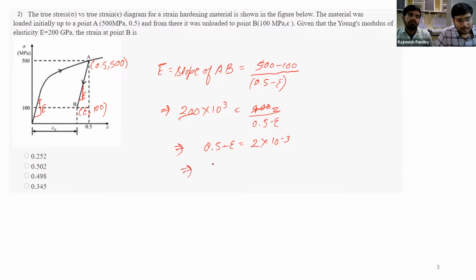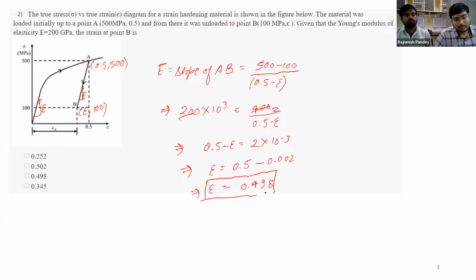So again, this epsilon will come out to be 0.5 minus 0.002. So this comes out to be 0.498. So here the answer will be this.